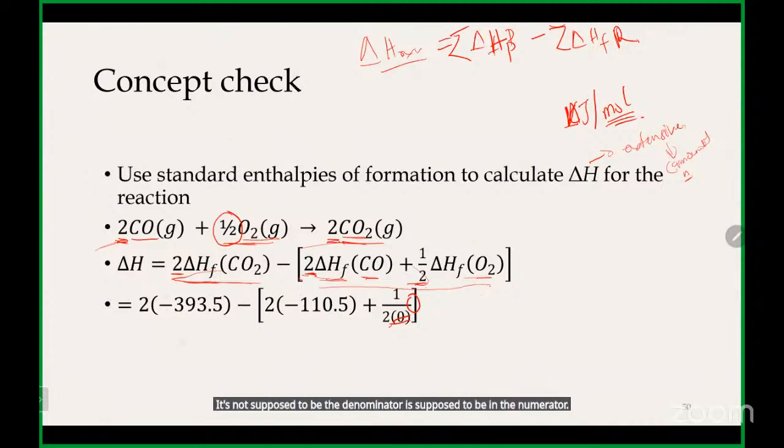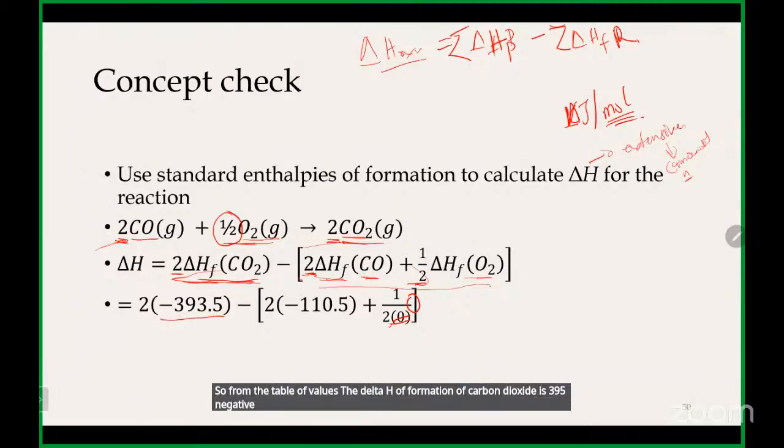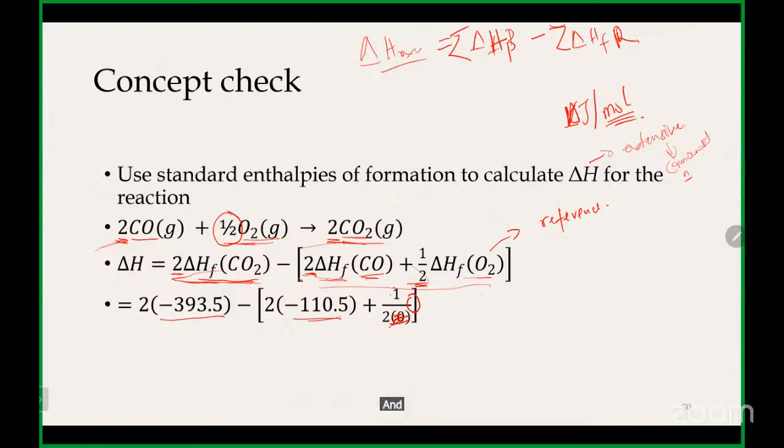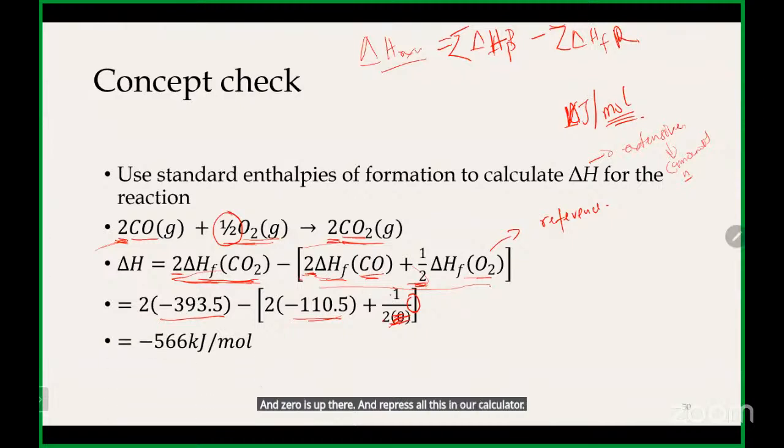From the table of values, the delta H of formation of carbon dioxide is minus 395. Delta H of formation of carbon monoxide is minus 110. Oxygen is in its reference state, so the delta H of formation will be 0. So this is the half, 1/2, and 0 is up there. If we press all this in our calculator, we arrive at that.